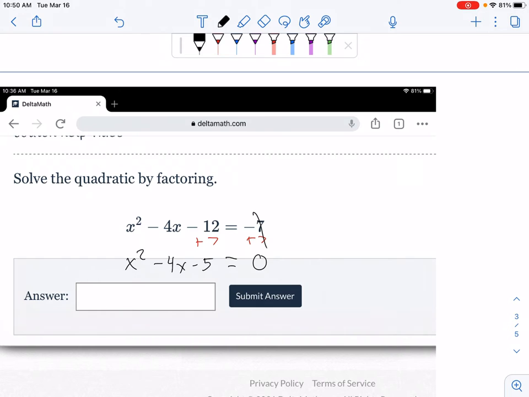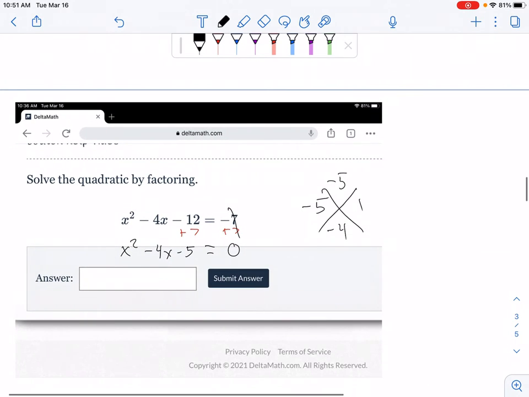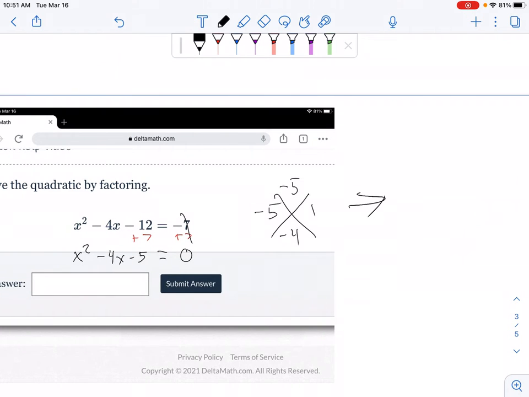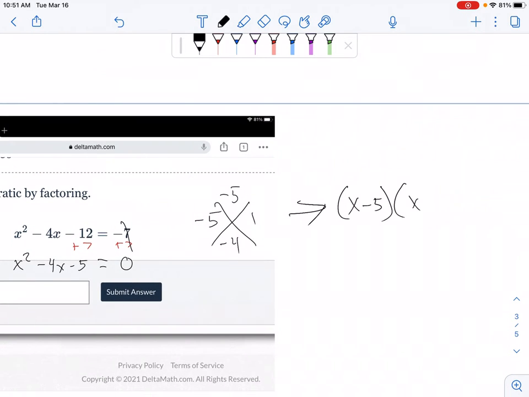Now that it says equals 0, I can fill out my big X. I put a negative 5 on top, a negative 4 on the bottom, and this would be negative 5 times 1. So I'm going to do some work over in this space here. Remember that this now creates x minus 5 times x plus 1.